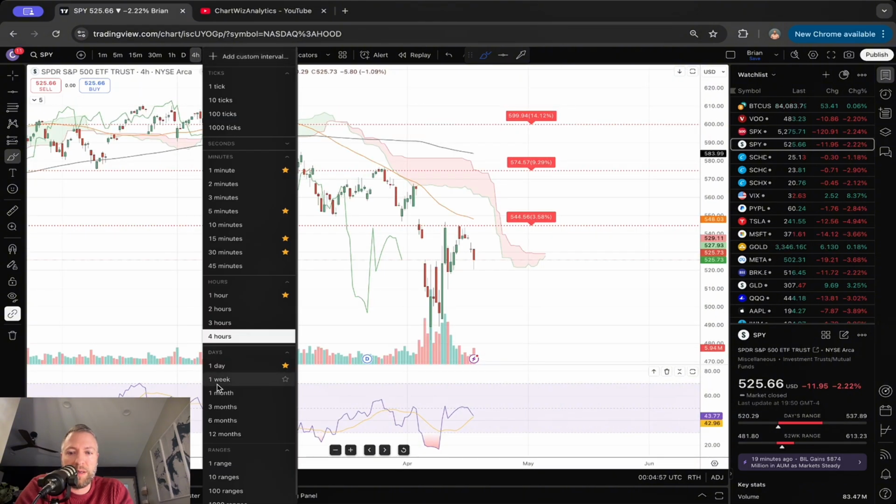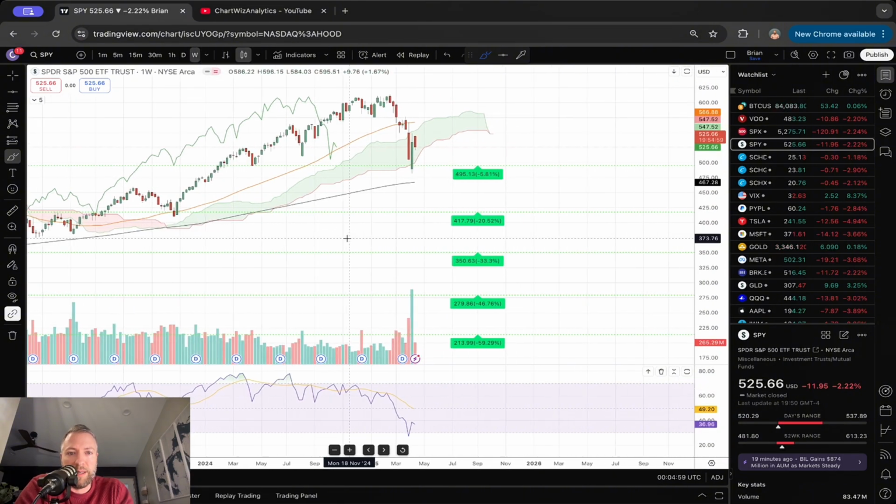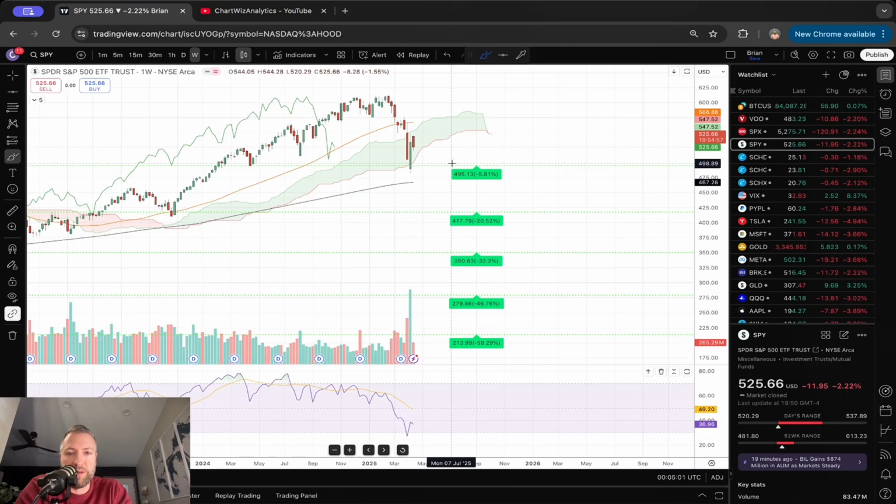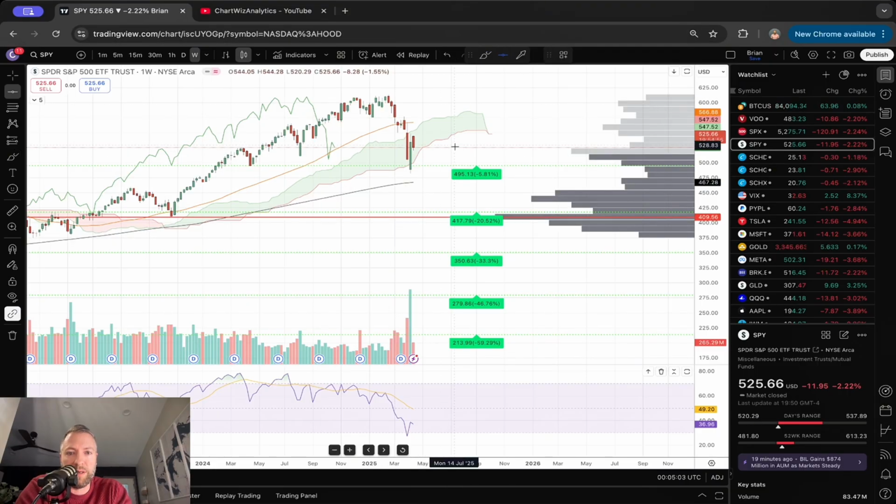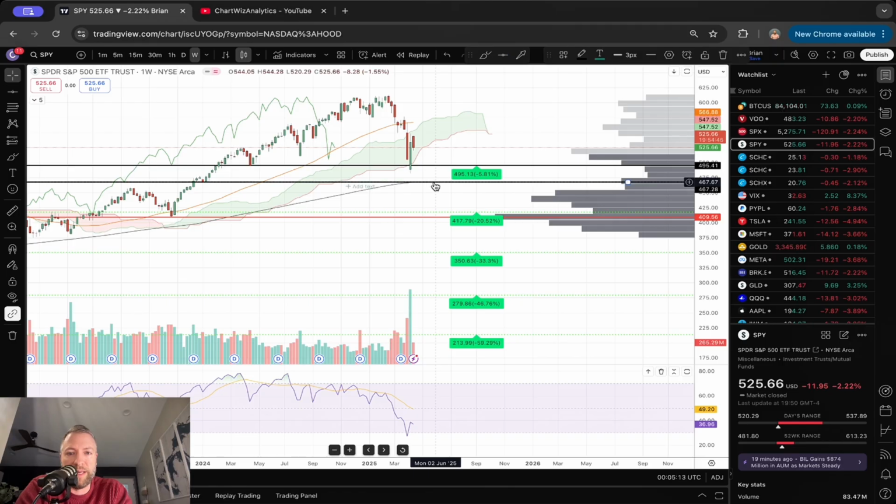The weekly is where things get pretty interesting. You can see here on the weekly chart, next support is 495.13. And then the support after that would be around the 200-day moving average, which is 467.67 approximately.